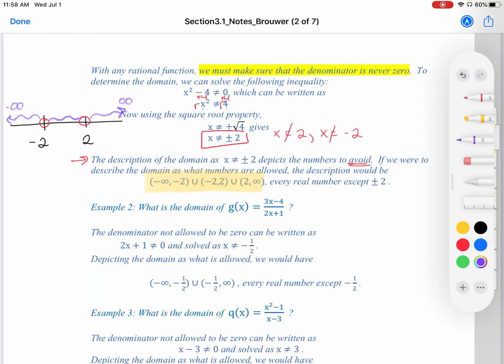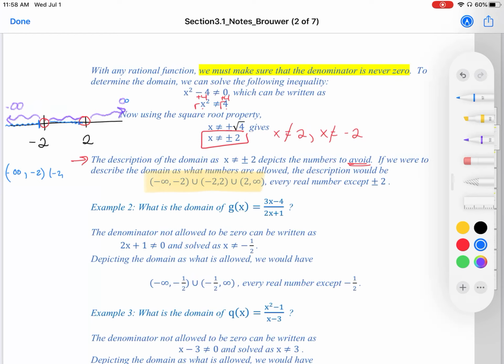So how do we write this? We read from left to right. We start off at negative infinity. And infinities always start with parentheses, and we have to take a break at -2. So let's mark that we break at -2. We continue from -2, and then we take another break at +2.